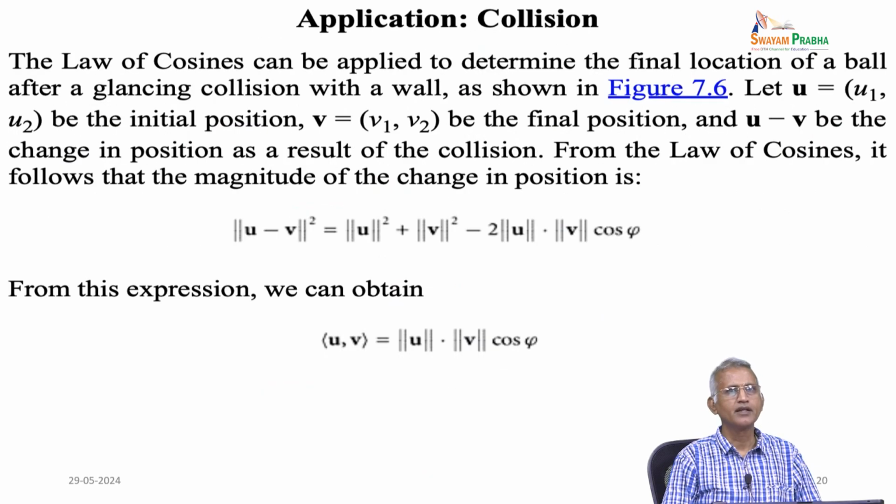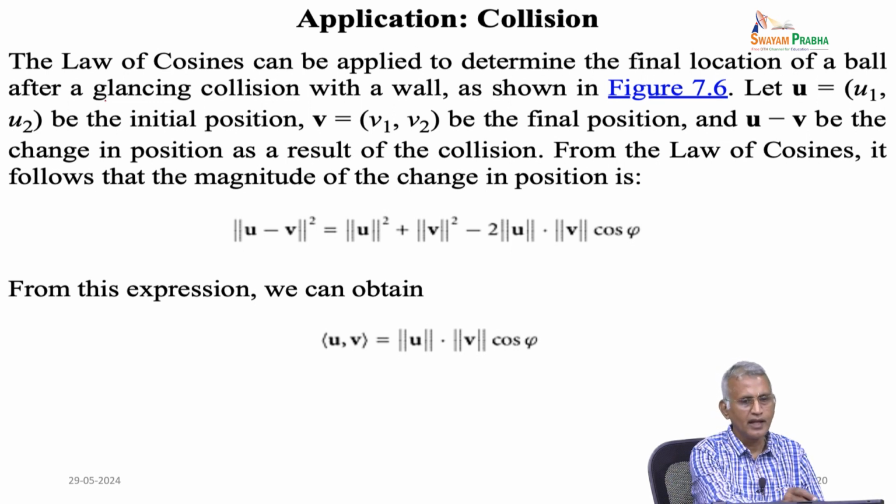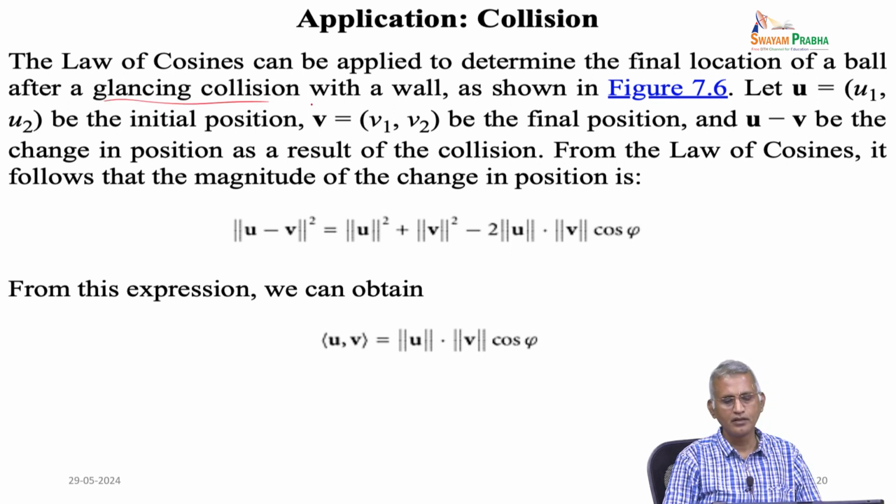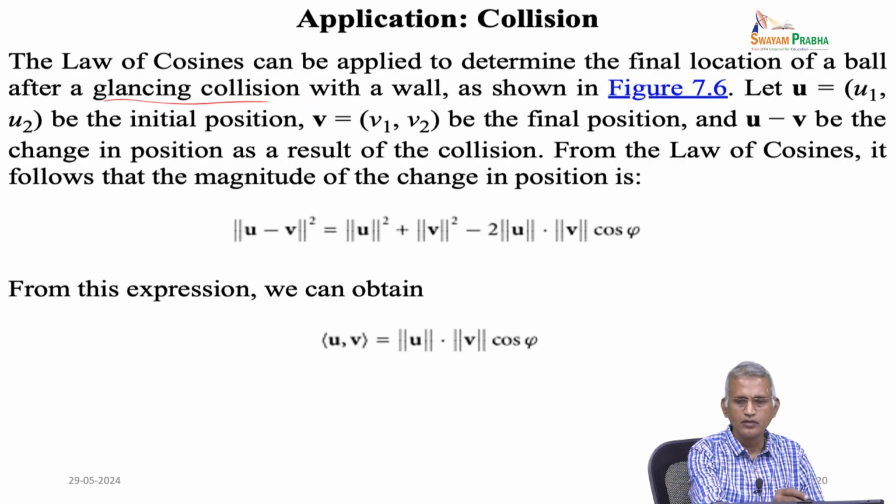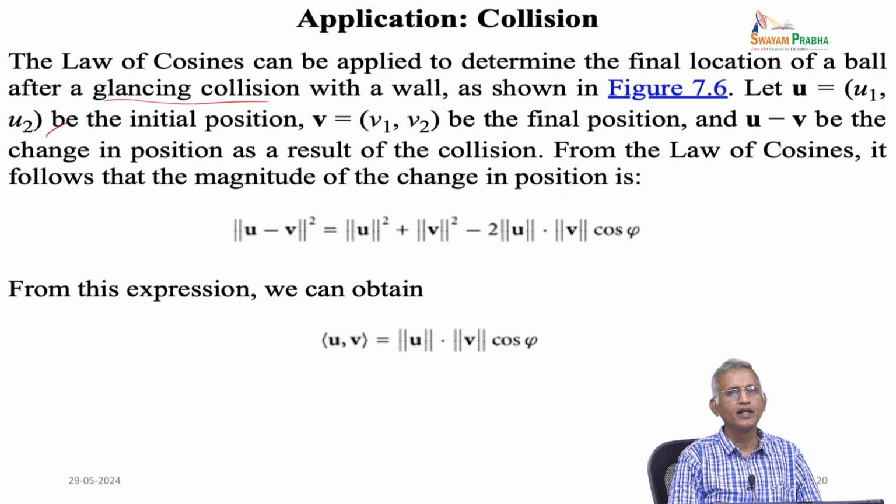Now, we have another application, the collision. The law of collision can be applied to determine the final location of the ball after a glancing collision with the wall, as shown in the previous figure. Let U equal to (U1, U2) be the initial position, and V equal to (V1, V2) be the final position. Then U minus V is the change in the position as a result of the collision.